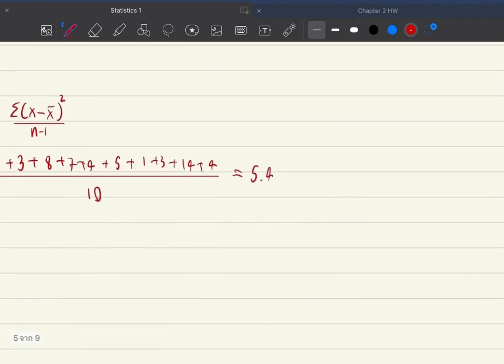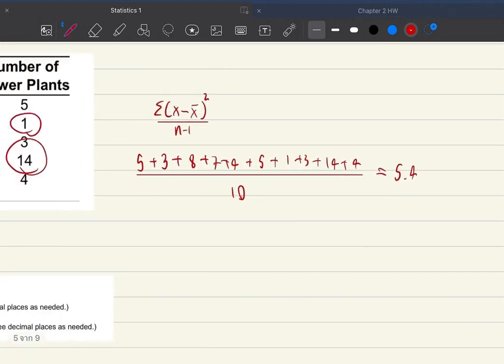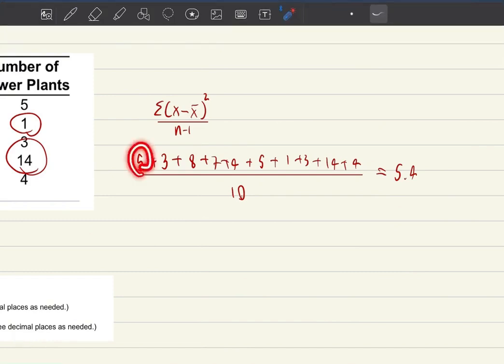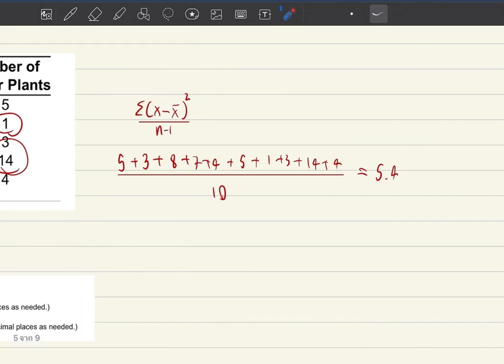After that, we will use every number from here to here, subtract 5.4 and square it.